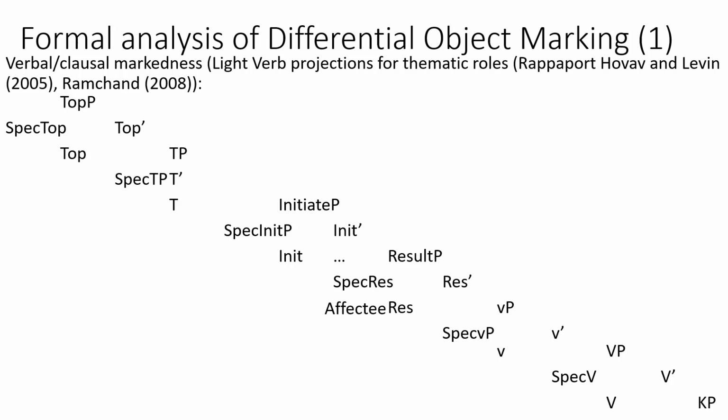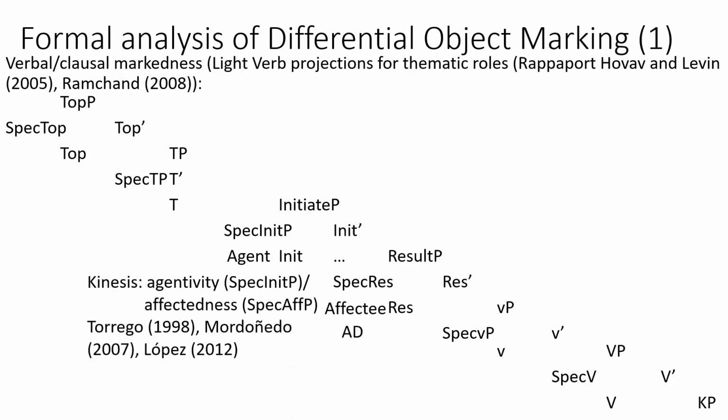The affectee is merged in its specifier position. So the affectee is here, the agent is here in the specifier of initiate, and a marking is on the affectee. There's kinesis here, and the agent and the affectee both seem to trigger the use of a marking on the object.